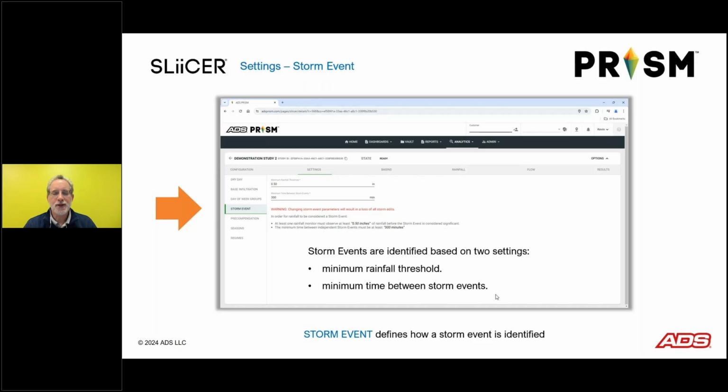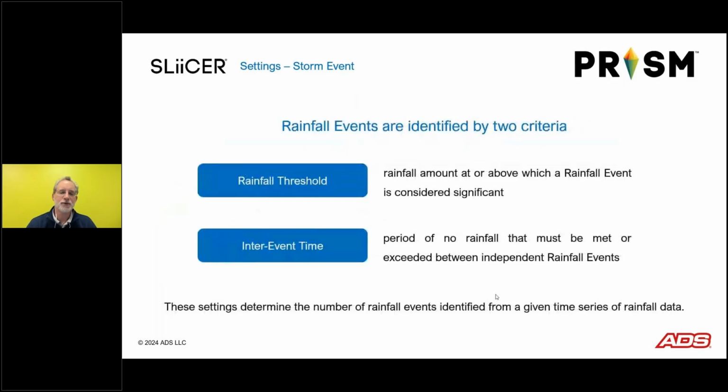And there's really two settings that we operate with. One is called a minimum rainfall threshold, and the other one is called a minimum time between storm events, or the inner event time, some people refer to that as. And these are the two criteria that we use. So the rainfall threshold is an amount at or above which a rainfall event is considered significant.